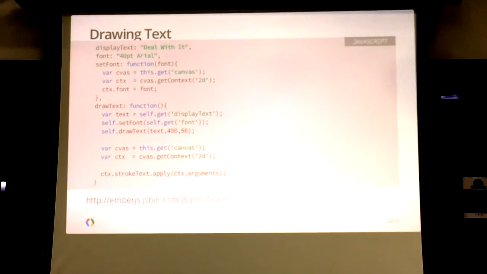So this is kind of a funky part of drawing, because you have to call this set font thing. And set font is actually like a global state on the canvas. So before you render text, you have to switch the font, then render the text.